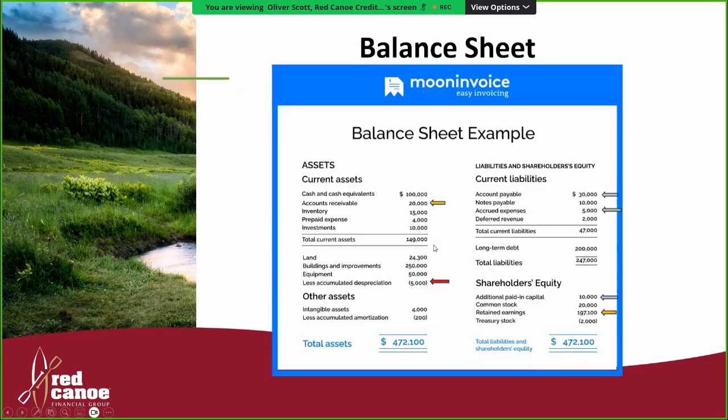So let me show it to you on the balance sheet. I showed you accounts receivable. Inventory is obviously your inventory. Investments in stocks and bonds and things like that that you might have. Land, building and improvements, equipment, minus depreciation.